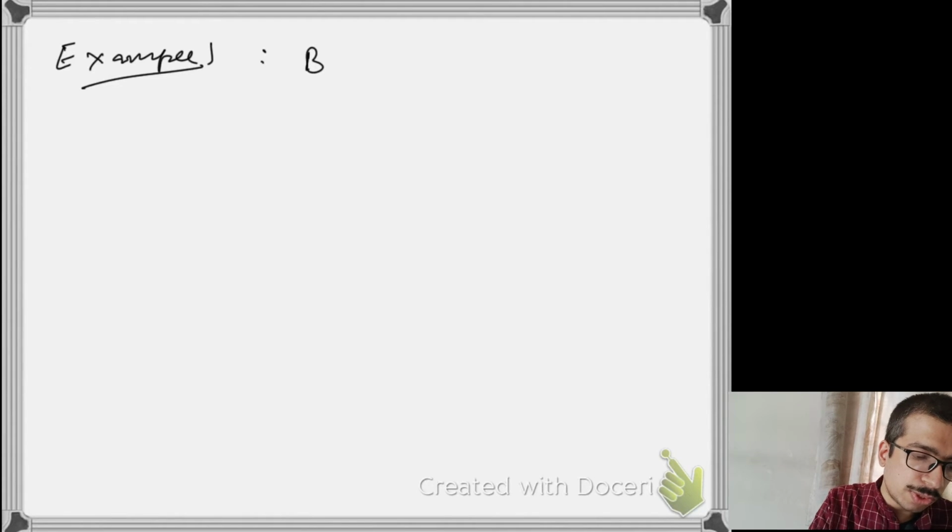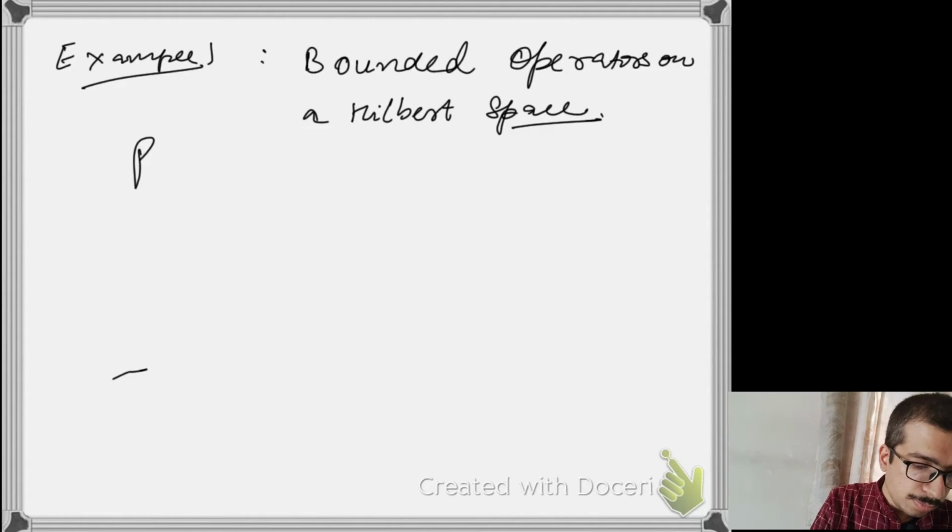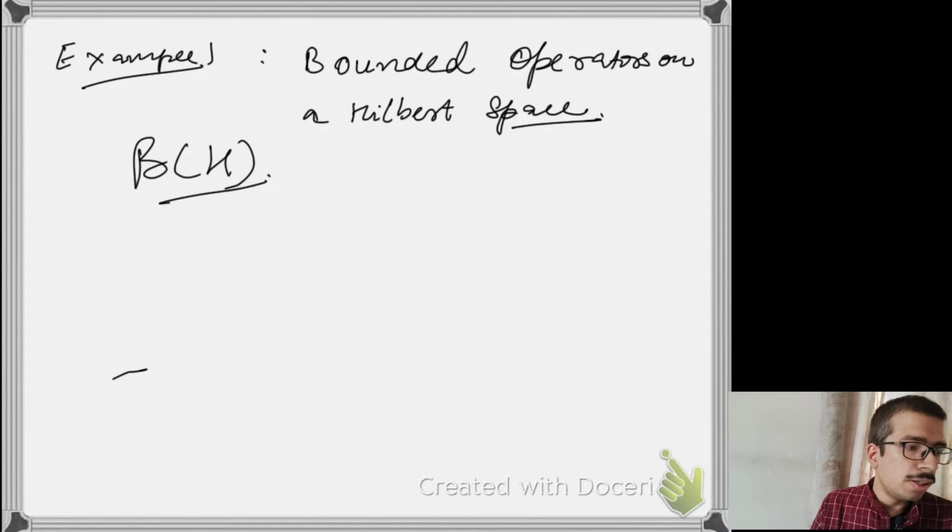So let's look at some examples. One example we have already seen is the notion of bounded operators on a Hilbert space, B(H), and this was indeed a motivating example for defining C-star algebras. These are bounded operators over some Hilbert space H. Now, what do you mean by a bounded operator?